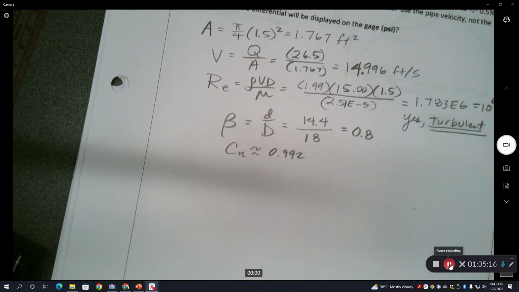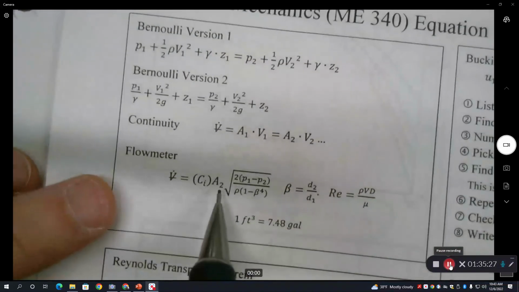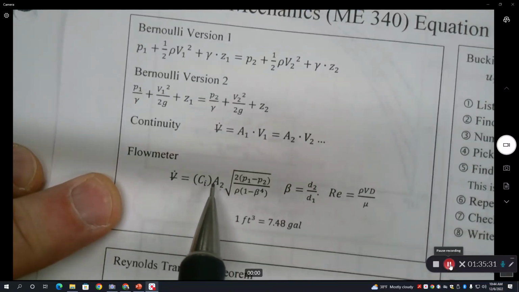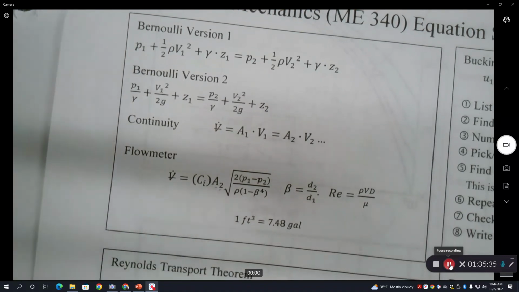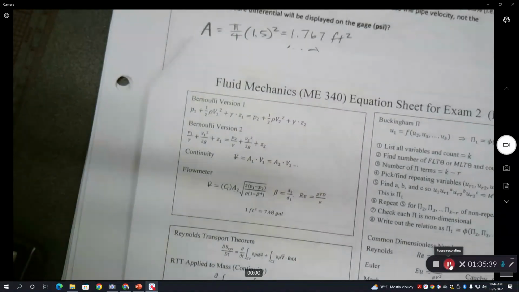And then I take my, we want to do the nozzle. One thing we have to be careful of here when we go to this equation right there. That A2 needs to be the nozzle area as opposed to the pipe area, right? So we already calculated the pipe area, so just try to keep those things separated.